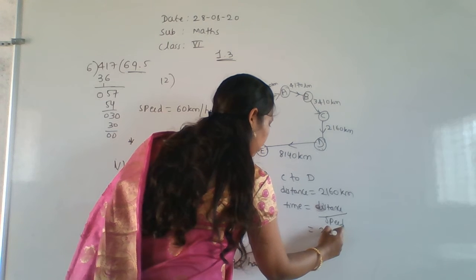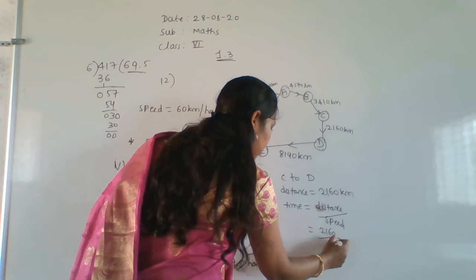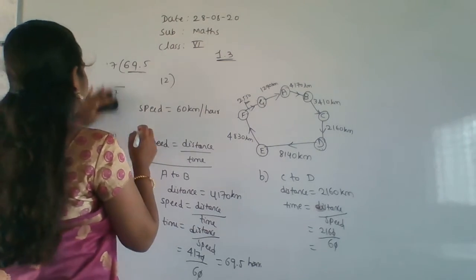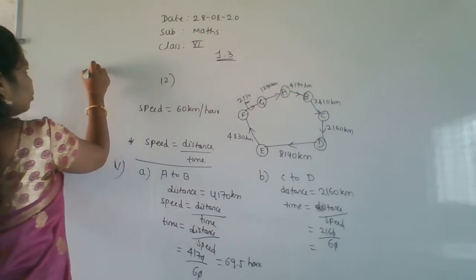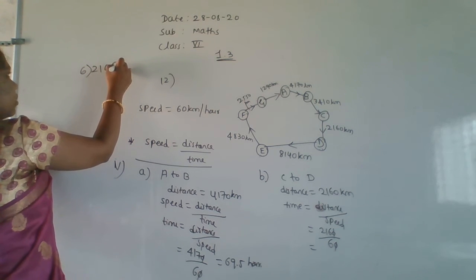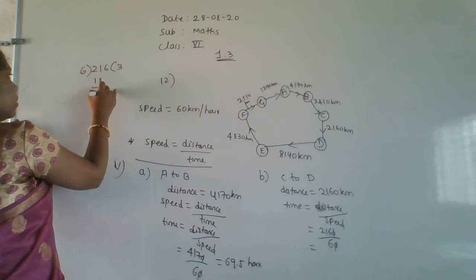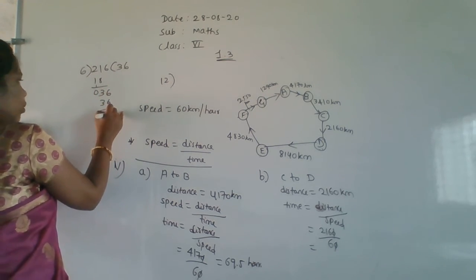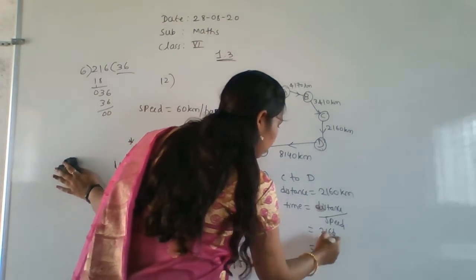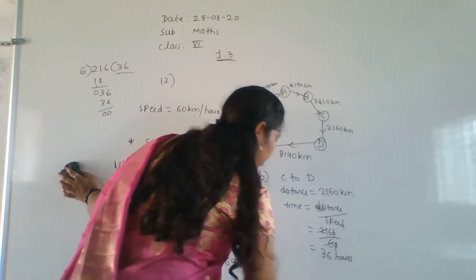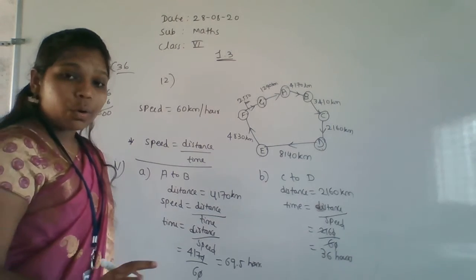Distance is 2160 divided by 60. 0 and 0 cancel. Now divide 216 by 6. 6 3s are 18, 6 6s are 36. Okay, so what is the answer here? 36. So it took 36 hours to reach from C to D.